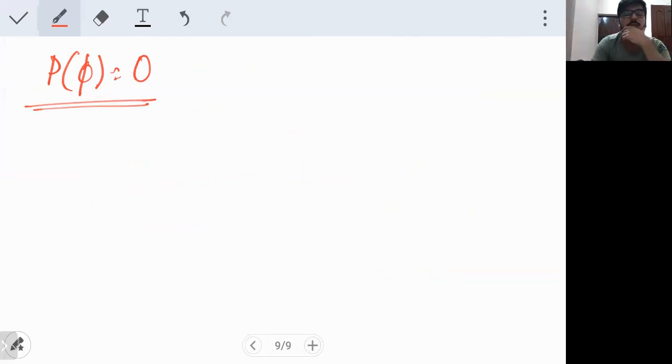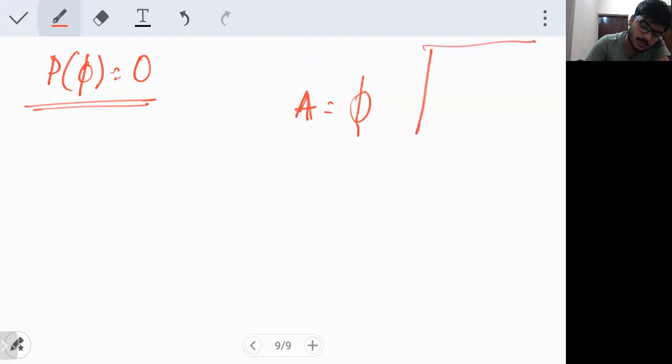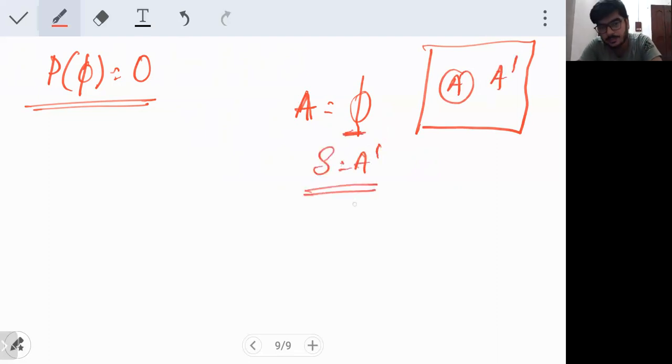Now, how to prove it? Let's say A is equal to the null set. What will happen? A is a null set. And as we have seen from the Venn diagram, if it is A, there will be A dash. And since A is a null set, the sample space will be equal to A dash, right? There's no issue about it.